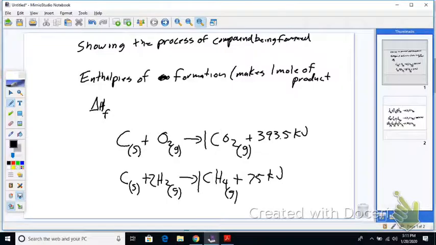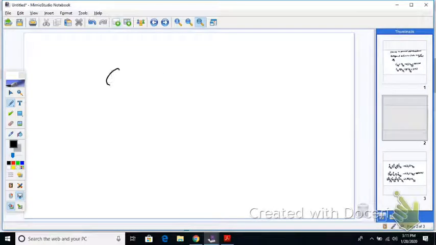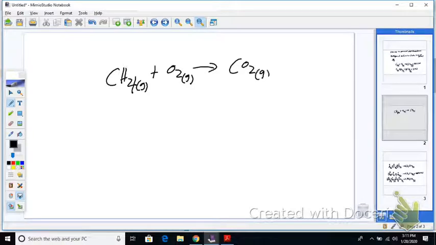So let's take methane. CH4 gas plus O2 gas gives you CO2 gas plus H2O gas, because it's going to be hot. Okay.